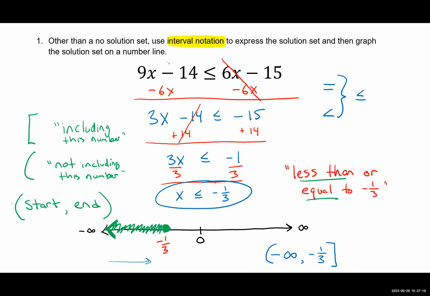All right, so these are 3 ways of saying the same thing. Number 1, giving the answer as an inequality. Number 2, giving the answer as a graph. Number 3, giving the answer as an interval.